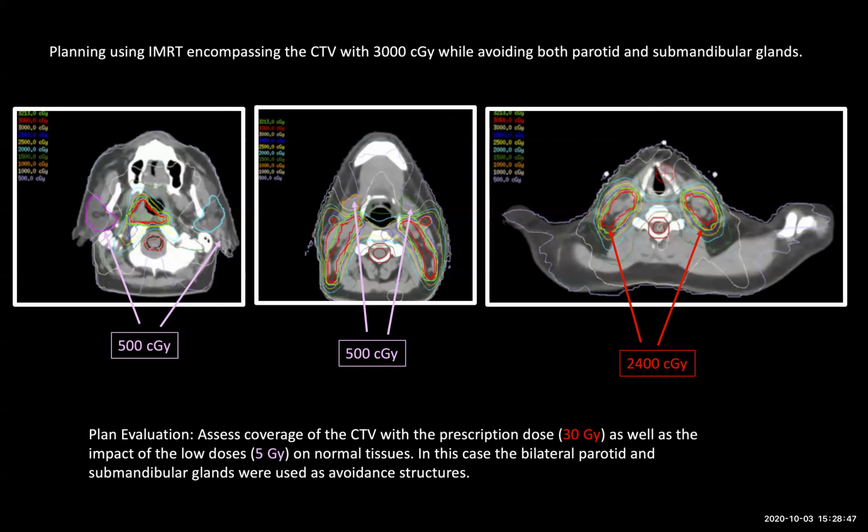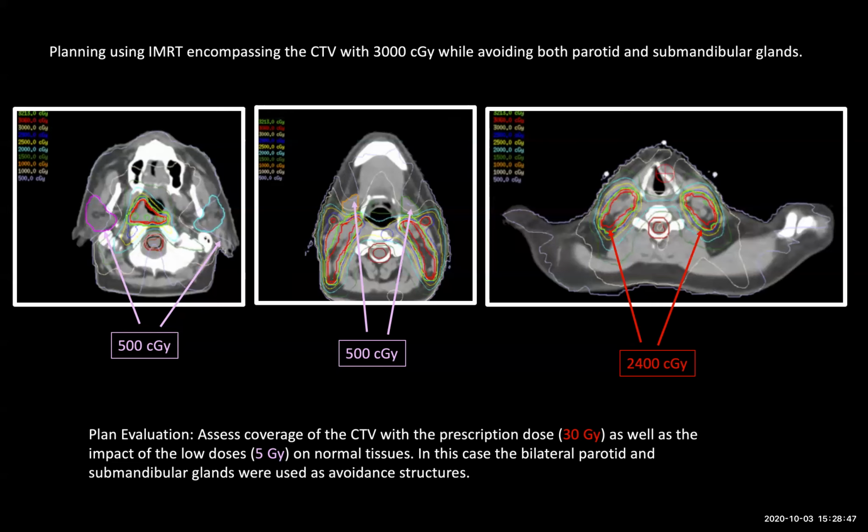The same thing as you can see here for the submandibular glands. And what helped us to do so is, as I said, to be careful and thoughtful whenever you put the CTV, to shy away from including the parotid or the submandibular gland in your CTV volume.